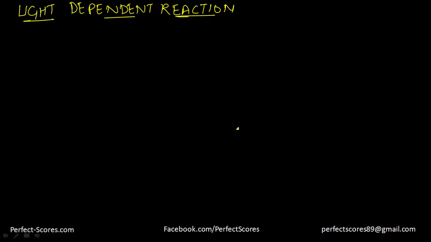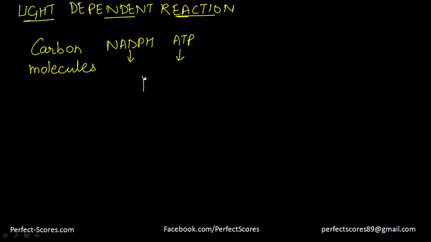So this is the second part, and this reaction makes organic compounds from the products of the previous light dependent reaction. So carbon molecules use the NADPH and the ATP and the carbon dioxide from the atmosphere and give rise to organic compounds.